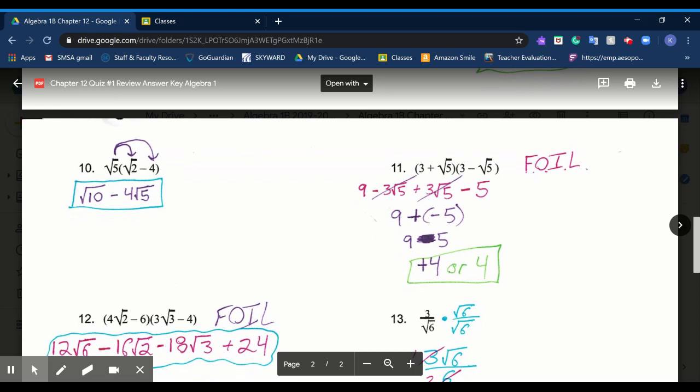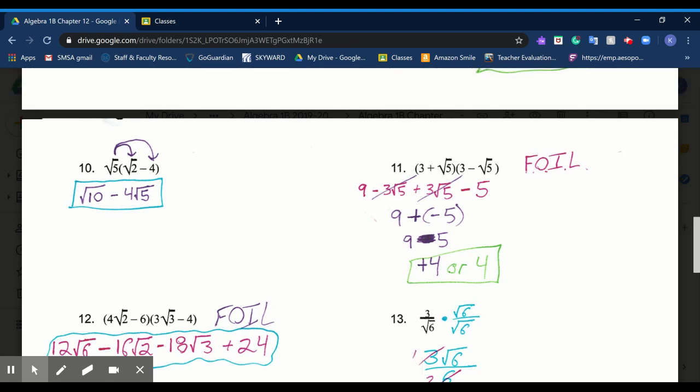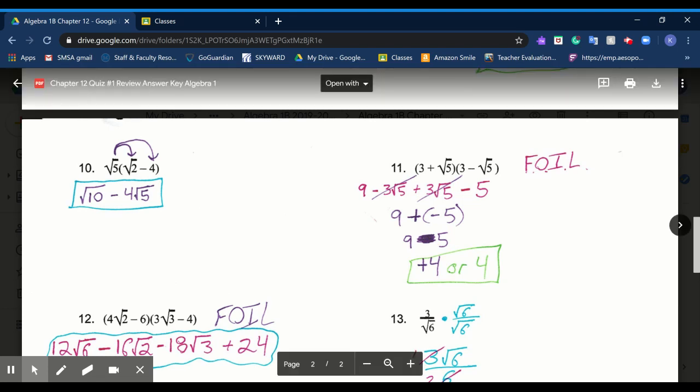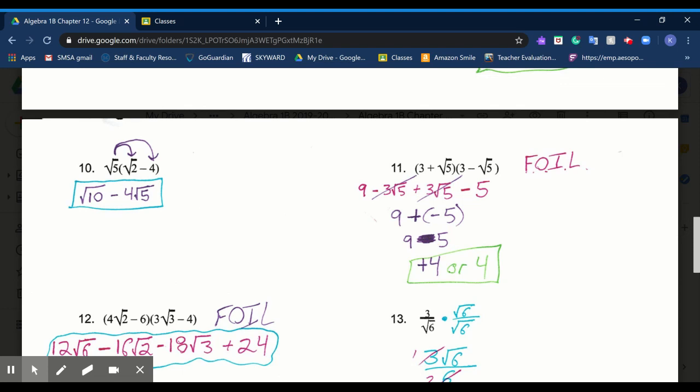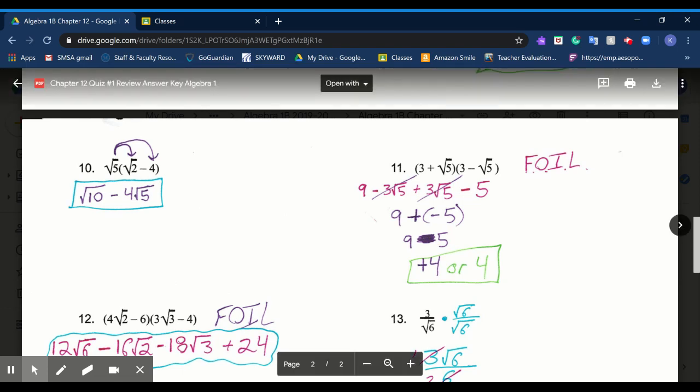In 10, you have to use the distributive property, and then after that, you want to look to simplify. In this case, square root of 10 can't be simplified any further. Minus 4 square roots of 5, as simple as it gets. In 11, anytime we have a binomial times another binomial, we would want to use the FOIL method.